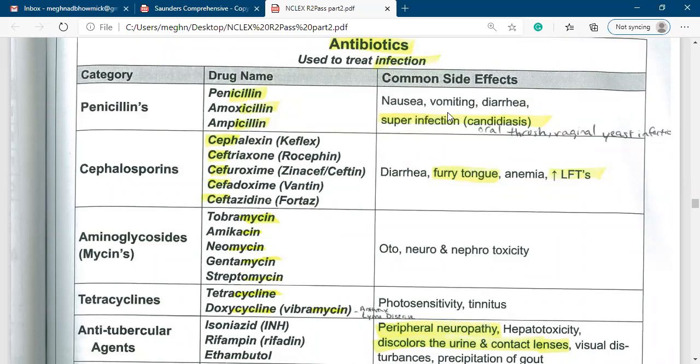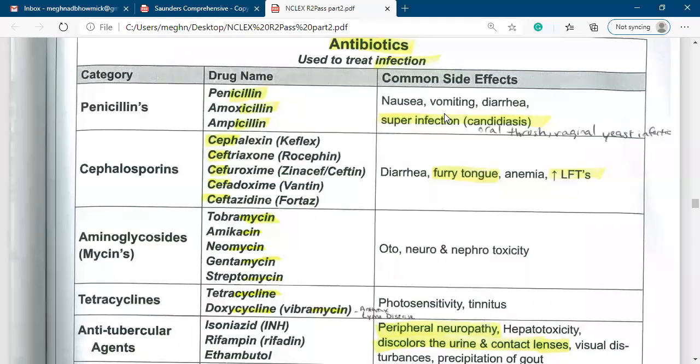Some penicillins cause allergic reactions like dyspnea or skin rash. Even some penicillins cause renal toxicity.